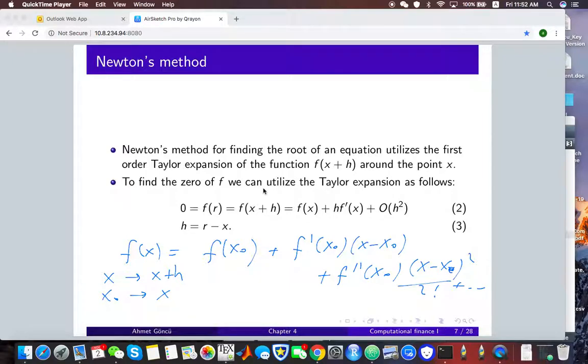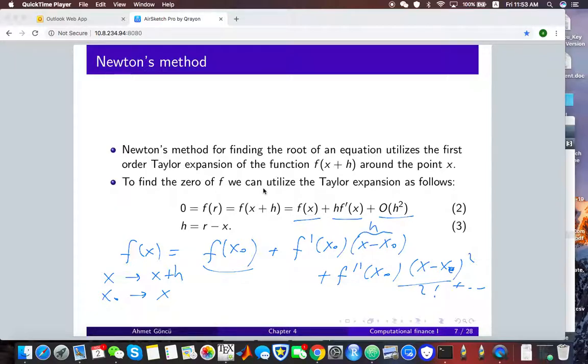So if we rewrite things in the first order Taylor expansion, you can see that we end up with f of x for this term. Then x minus x0 will be just h, and again this x0, you just substitute with x. This is the first order term, and all the remaining terms are in the remainder, whose order can be represented with big O of h squared.